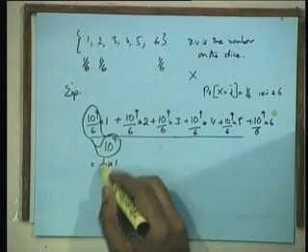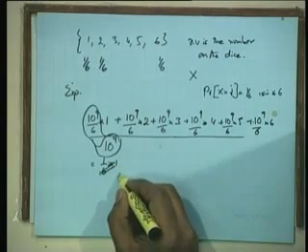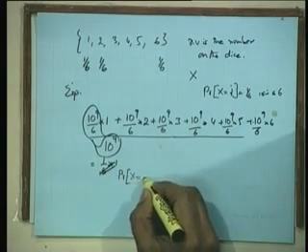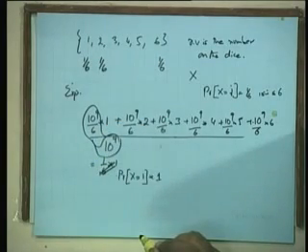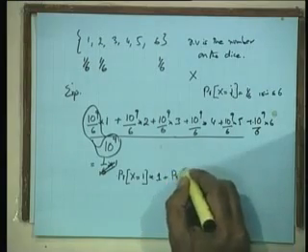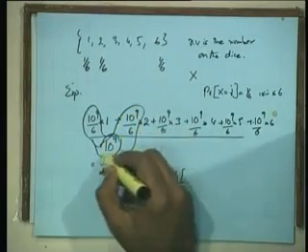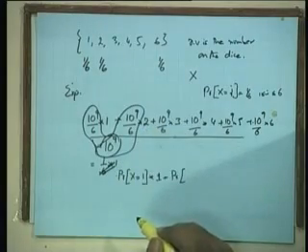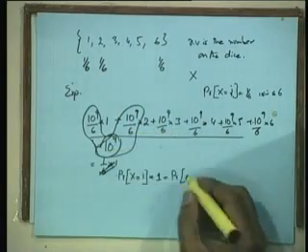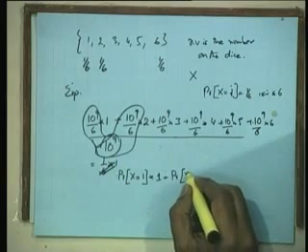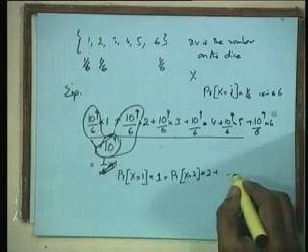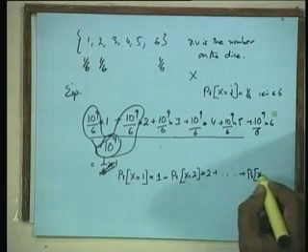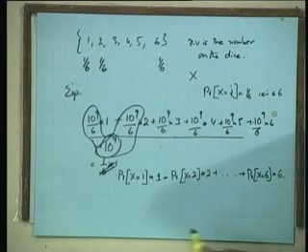So this is 1 by 6, or I could even have written it as probability that the random variable takes the value 1, times this 1, which is the value of the random variable, plus probability that it takes the value 2. So probability x equals 2 into 2, and so on, up to probability x equals 6 into 6.